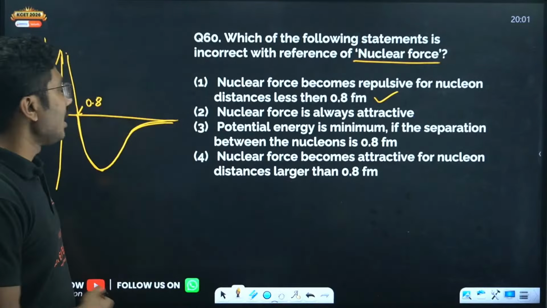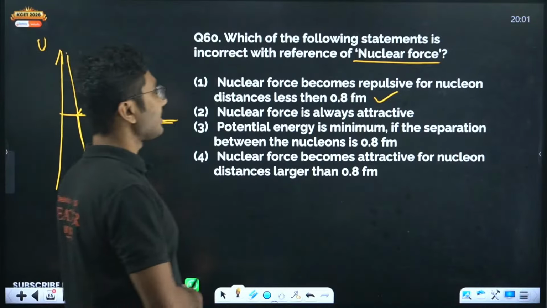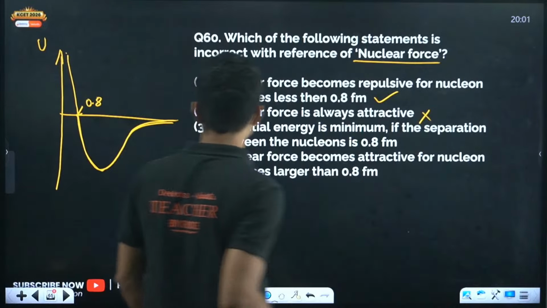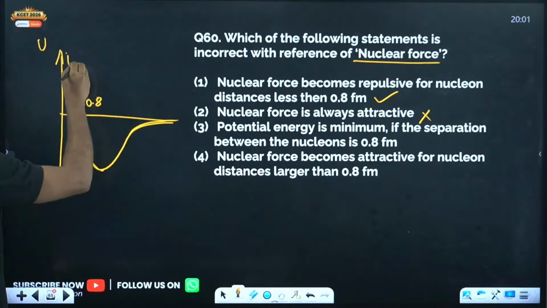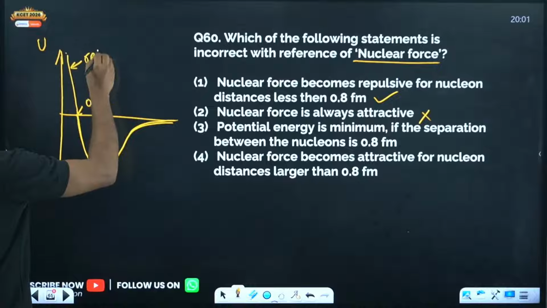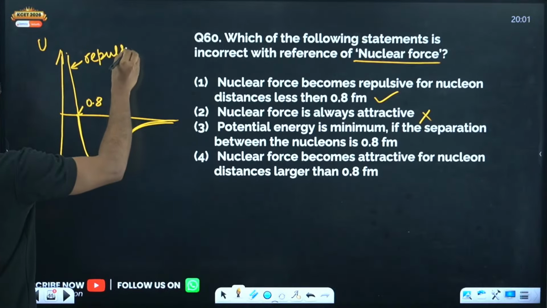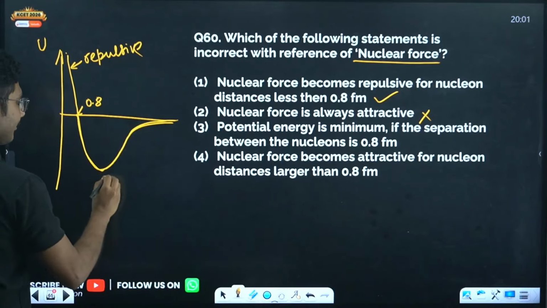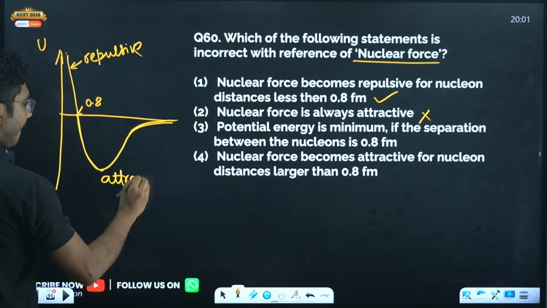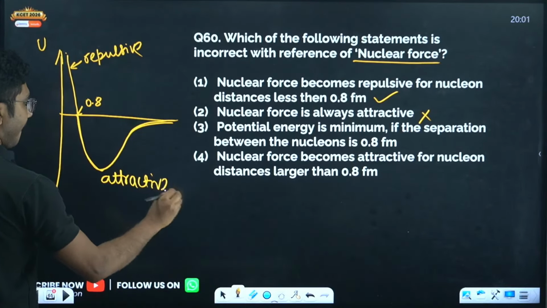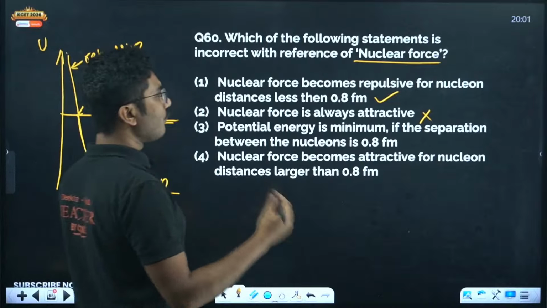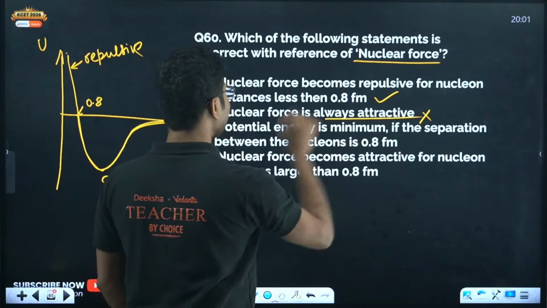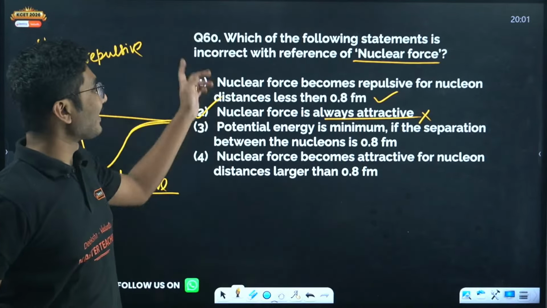This is correct. Nuclear force is always attractive is not correct, because nuclear force is repulsive here and it is attractive here. So option 2 is our incorrect option.